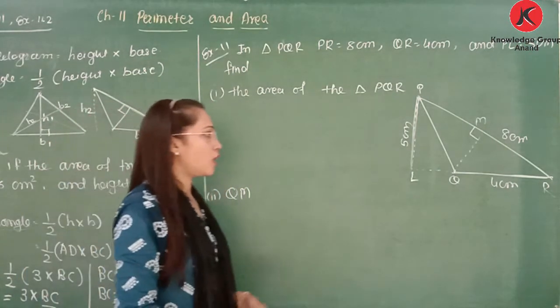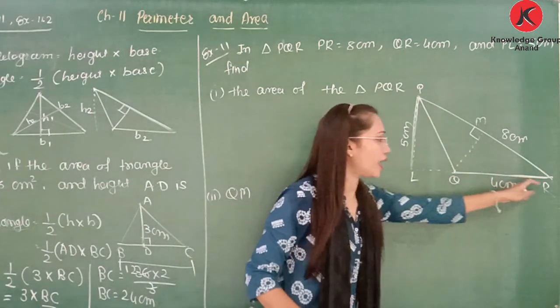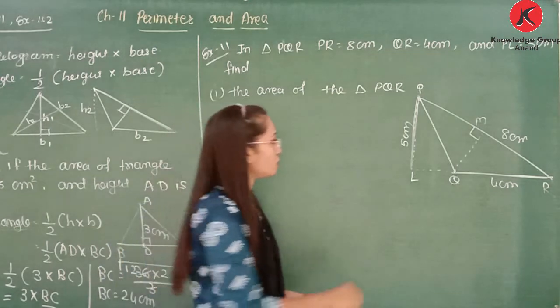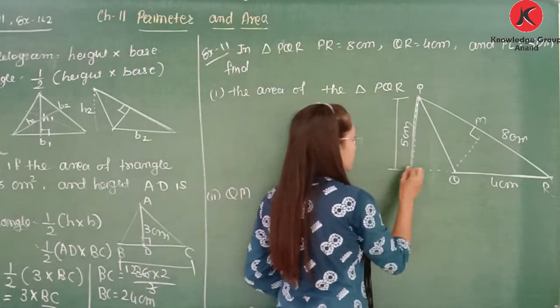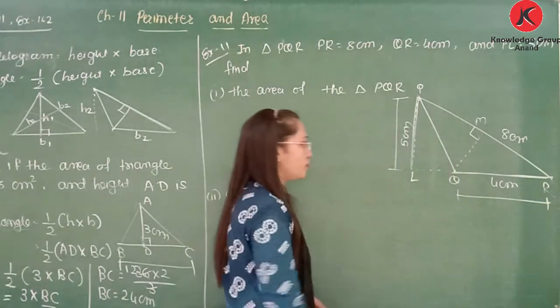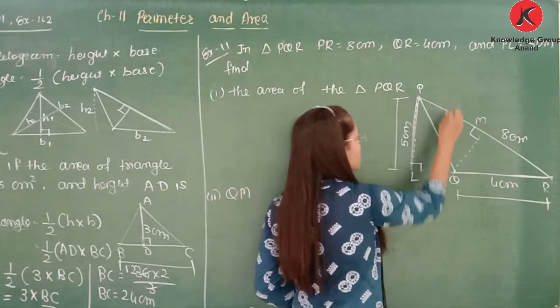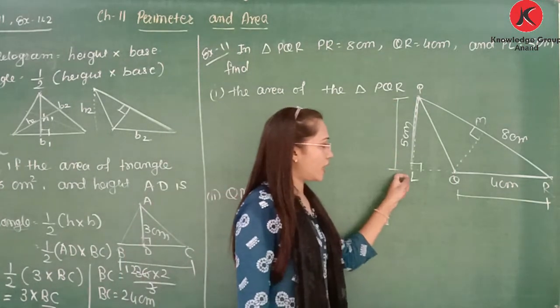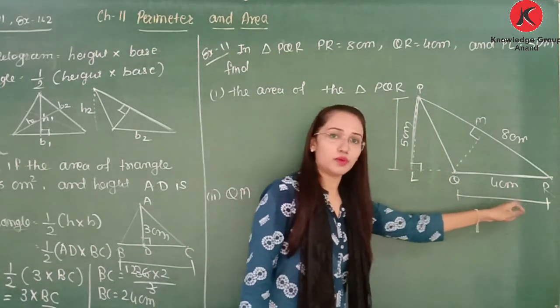Now to find the area of this triangle PQR, what is the equation? 1 by 2 height into base. So here you can see this height is given. So according to this height, this will be your base, because this is making a right angle, means it is also making a right angle with this line. So 5 cm will be height and 4 cm will be base.